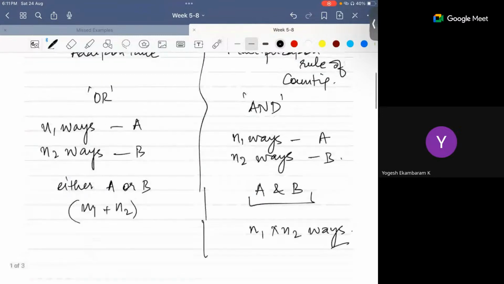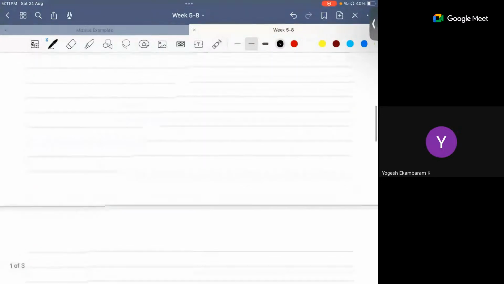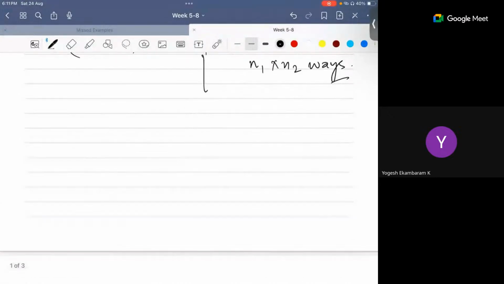So let's solve one problem. This is clear, right? This was much easier, and I hope you already know about this. The question is, let me write it down.